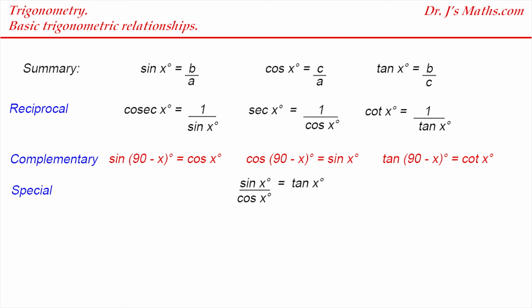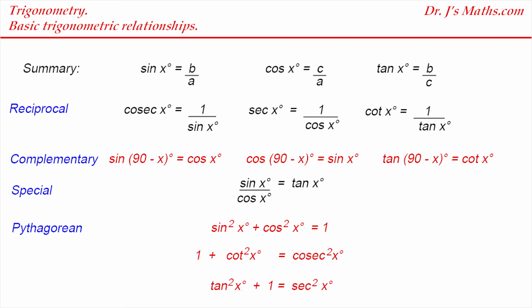And then we developed our 3 Pythagorean results, including the squares of each of the main ratios. On this page I have summarised these very important trig relationships, all of which we use frequently in various contexts. You need to record these results and remember them through applying and feeling what they are saying.